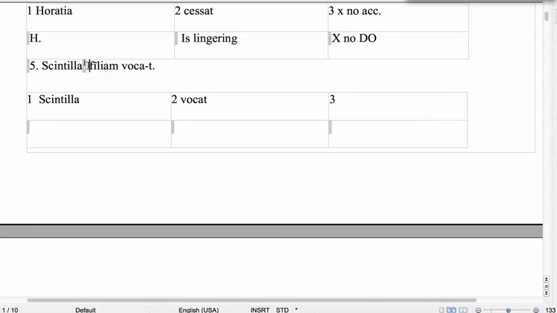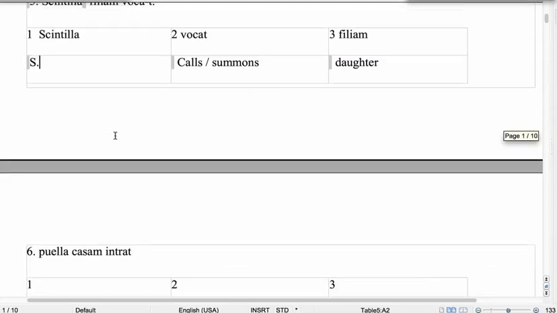So filiam is the direct object. So filiam means daughter. Vocat means calls or summons. And scintilla is the subject. So Sparky calls or summons daughter.